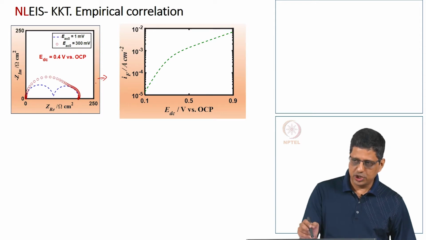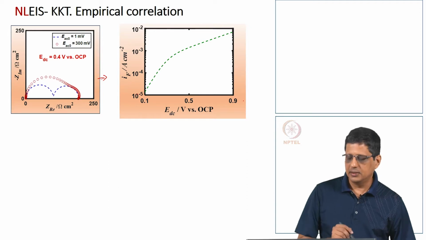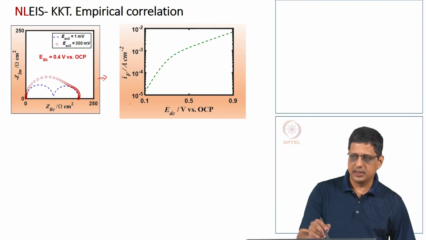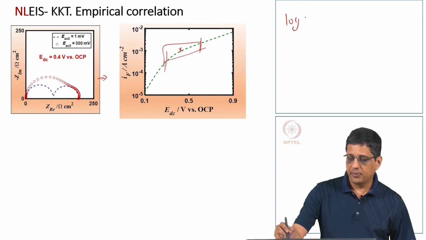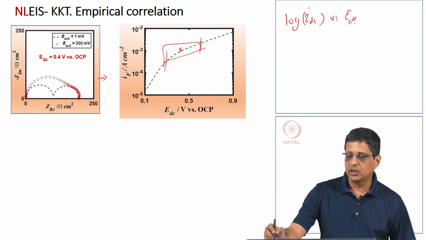If we plot the potentiodynamic polarization plot, log current versus potential, with current in the log scale, and I take 0.4 volt and use the 300 millivolt range, this log IDC versus EDC is not linear.